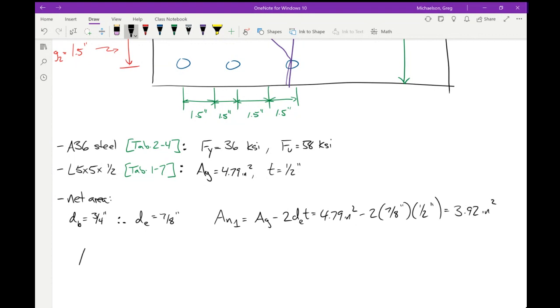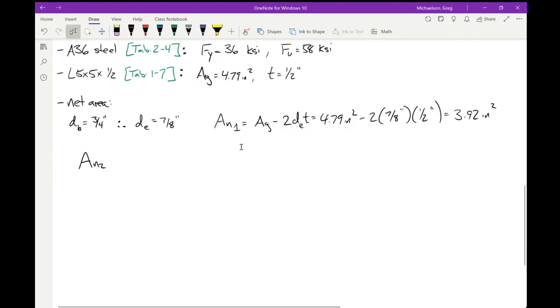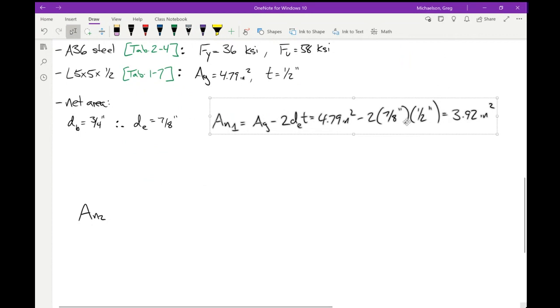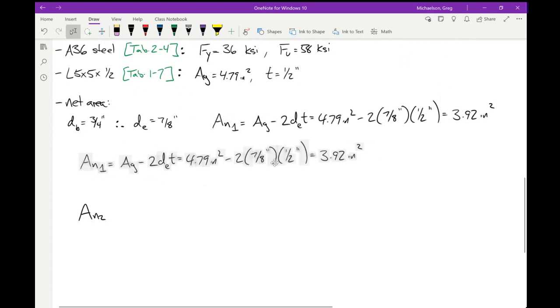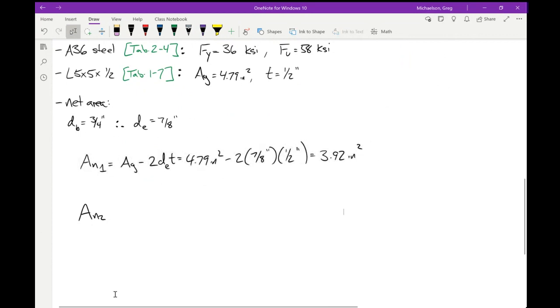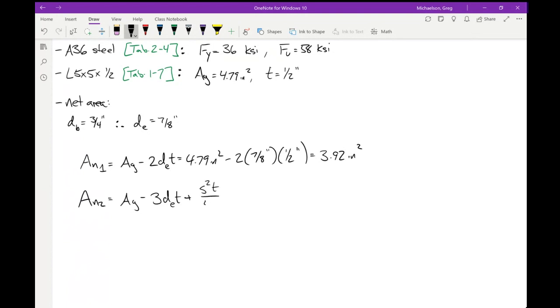And then our second formula, I'm going to drag this down, sort of move this down here, because our second formula is going to be a little bit more involved, right? We're going to take the gross area and subtract 3 bolt holes, but we're going to add 2 stagger factors, but they're different.